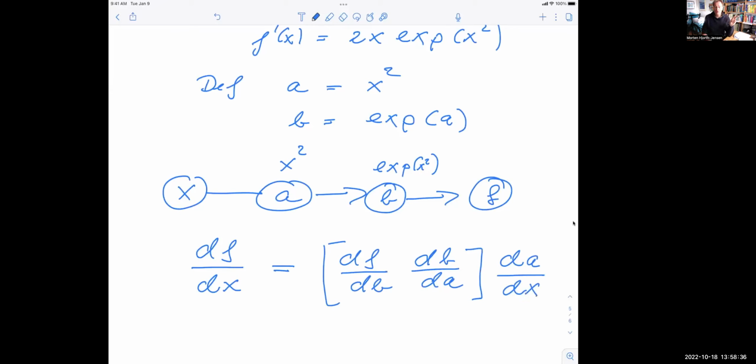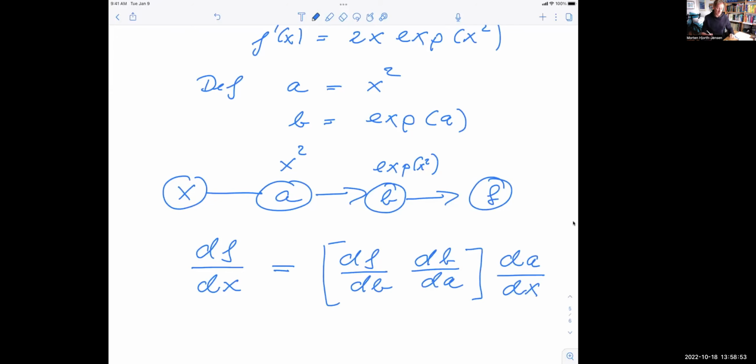Now, you could think of these quantities. These quantities don't need to be scalars. They can be vectors, or they can be matrices. And we know that the multiplication of matrices and vectors is given by the associative rule.